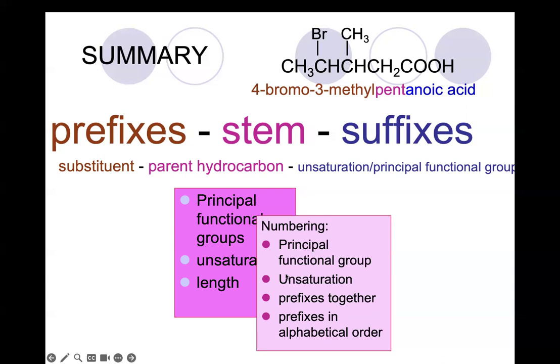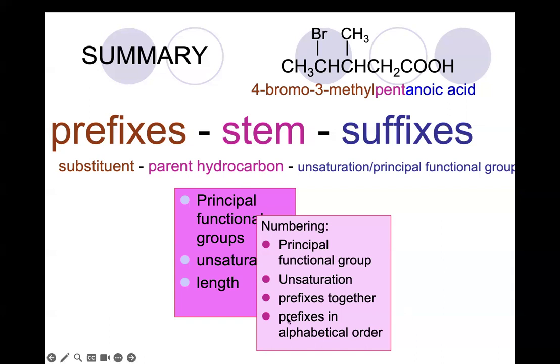And then the next one, if there is no principal functional group but there is unsaturation, then we label the number for the unsaturation as small as possible. If we don't have a principal functional group and it is saturated, then we need to label the prefix so that it will be as small as possible.